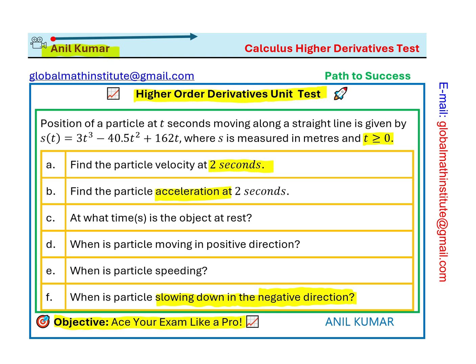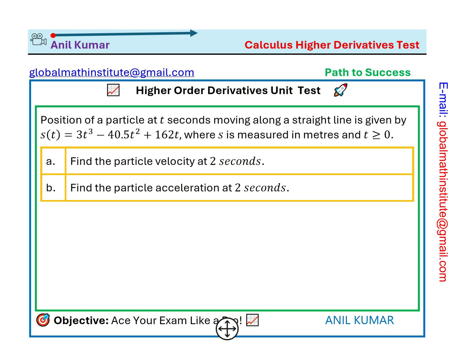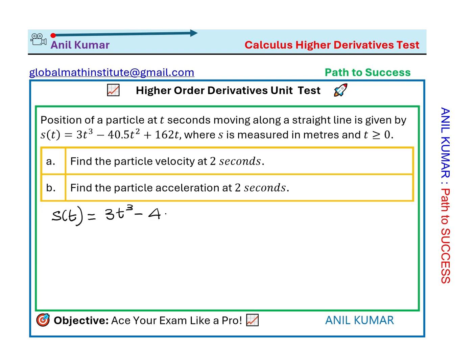Great. So let's begin with the solution. Always begin with the equation given to us, which is displacement. In this case, it is a cubic equation: 3t cubed minus 40.5t squared plus 162t.